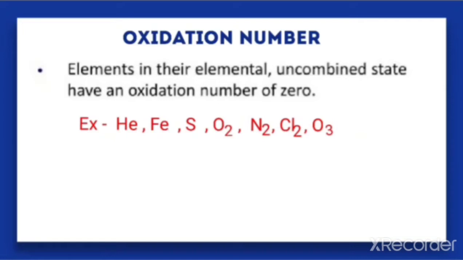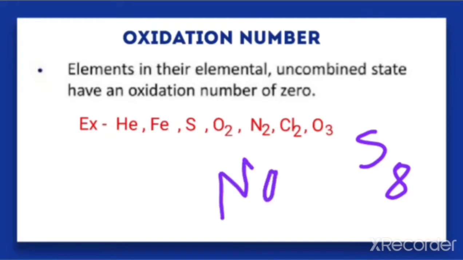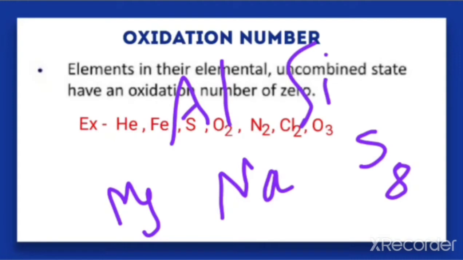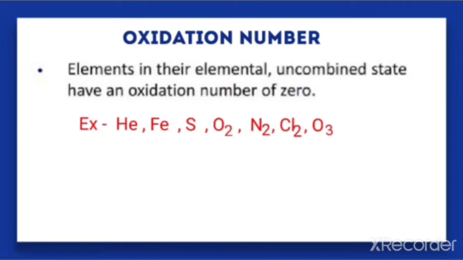One more example I can add here is S8. In S8 also the oxidation state of sulfur is 0. Sodium, magnesium, aluminium, silicon, these are all in the elemental, uncombined state, so they have an oxidation number equal to 0.